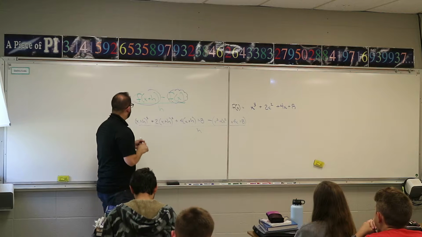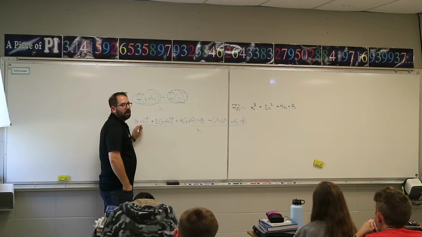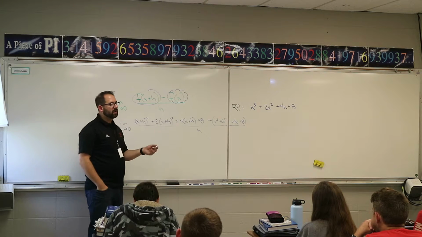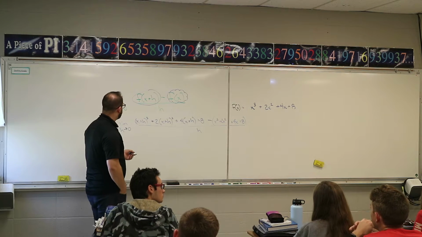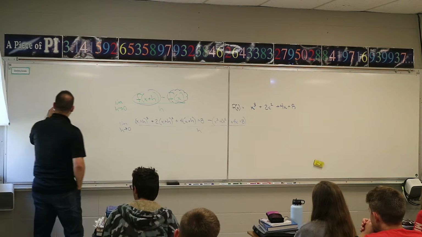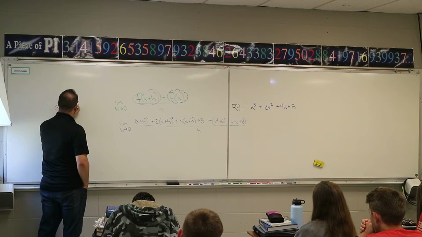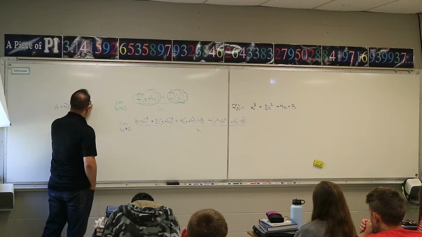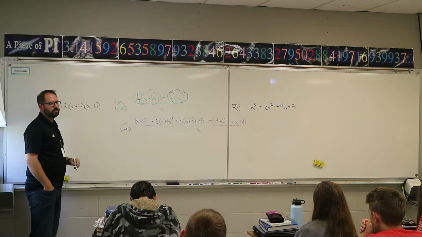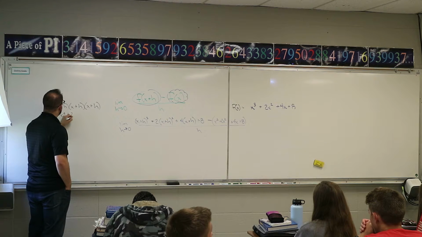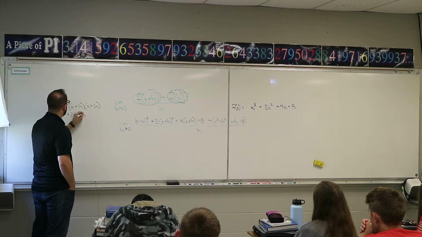Okay, so foiling this out, this is where you could write up 3 parentheses. You could use Pascal's triangle. You can do lots of different things. I'm just going to foil this off to the side so you can see this. I would normally on a piece of paper use Pascal's triangle, but I don't want to go through that method right now. Foil, this is x squared plus 2xh plus h squared.